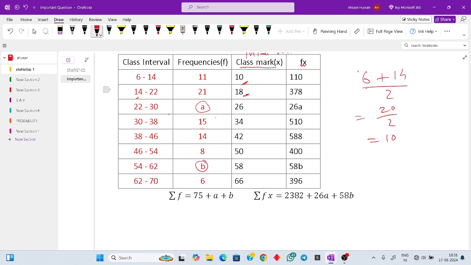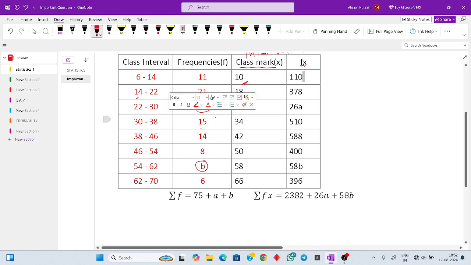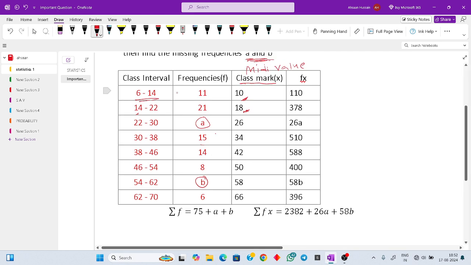So 10 plus 8 is 18, 18 plus 8 is 26, 26 plus 8 is 34, 34 plus 8 is 42, 42 plus 8 is 50, 50 plus 8 is 58, and so on. We just need to find one class mark, and the rest of it will follow with the help of height.